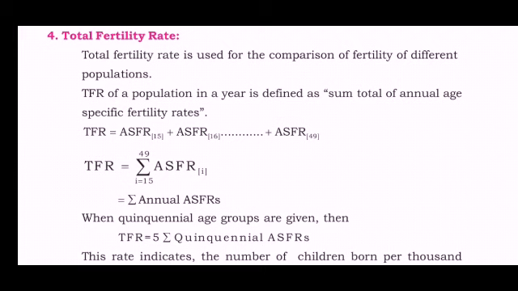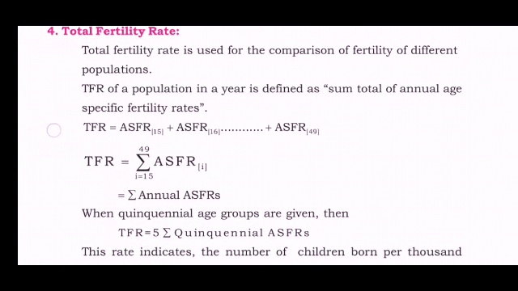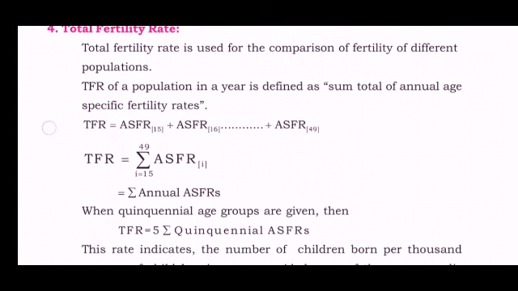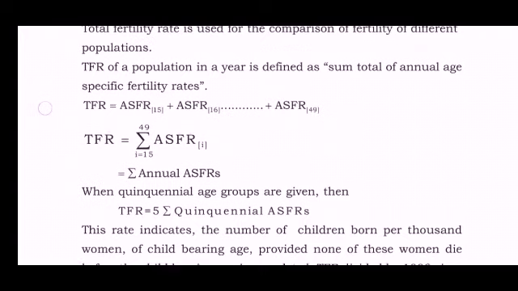The total of all 35 ASFRs is TFR. That is given by the formula here in the chart: TFR is equal to the summation of ASFR for i equal to 15 to 49, where i refers to age. For each 15 year ASFR, 16 year ASFR, till 49th year ASFR we calculate and add them, and then we get TFR.